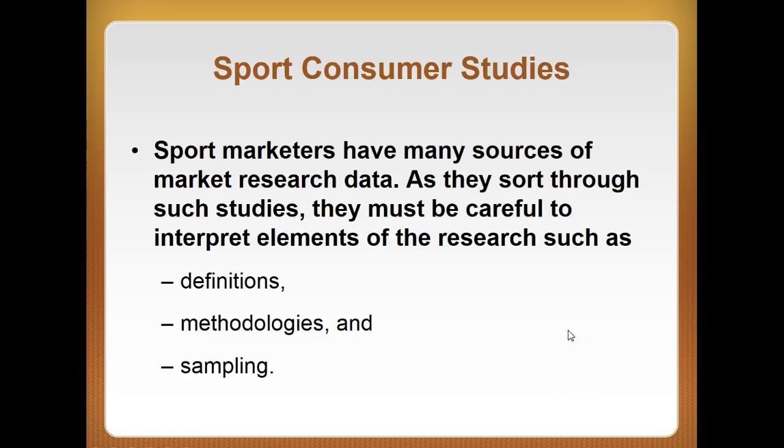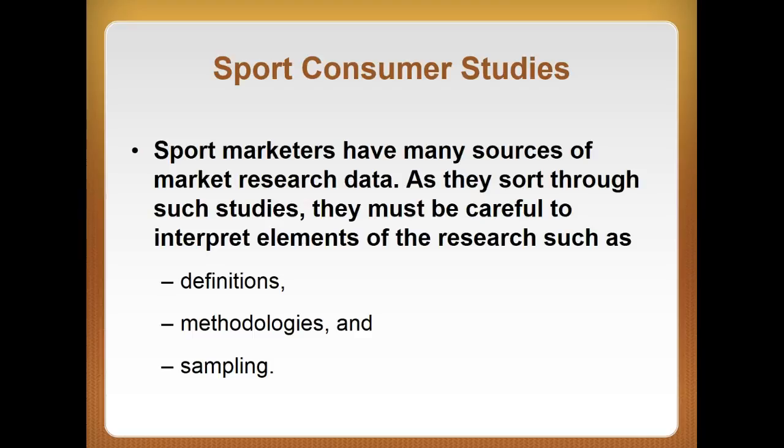When we understand that there's a dissatisfaction or even a marginal satisfaction with the product or with a sport involvement, we have to look at the data that's out there. This is a little different from the research we're discussing in class in regards to peer-reviewed research. Sports marketers have many sources of market research data, and they have to sort through each of those studies and be careful to interpret those elements of research.